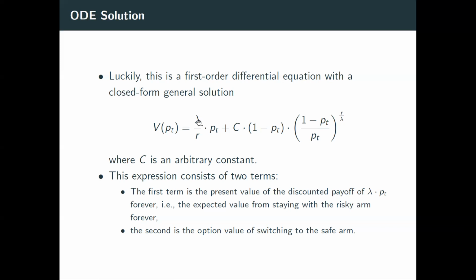So it's more or less like pt times lambda times dt. And then you integrate it forever after, so you divide it by r. So it's kind of your belief in the payoff of this risky arm if once you take it now, you use it forever after, right?